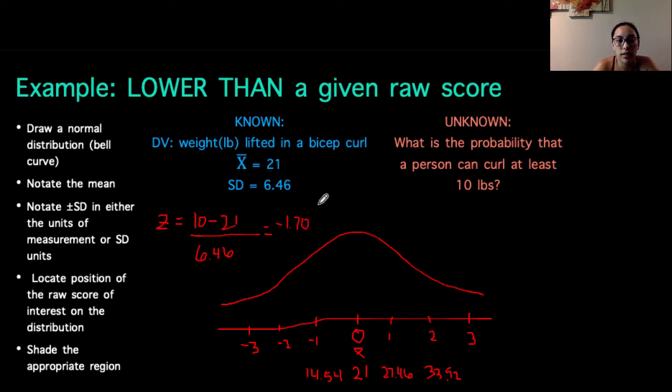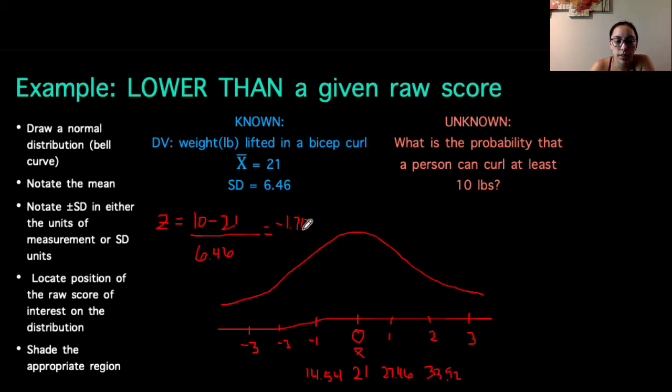From here, we can look at our z-table and find an associated probability with negative 1.7. I'm not going to do that just yet because I don't want to X out of my PowerPoint, but you guys know how to look up negative 1.7. I just want to show you how we would look at it in a shaded region.